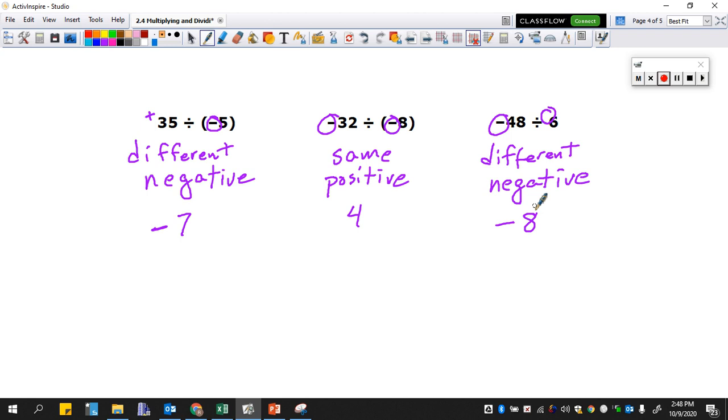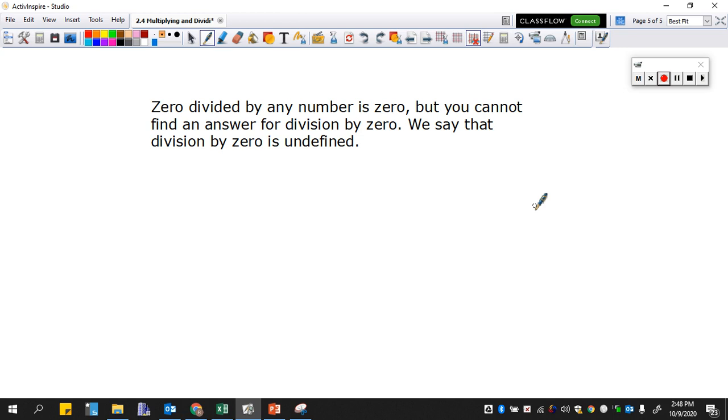All right. One last thing that we need to touch on is dividing by 0. You know that 0 divided by any number is 0. So say 0 divided by 18 is going to be 0.